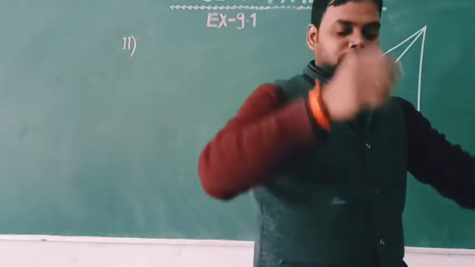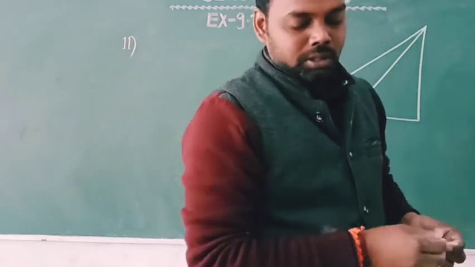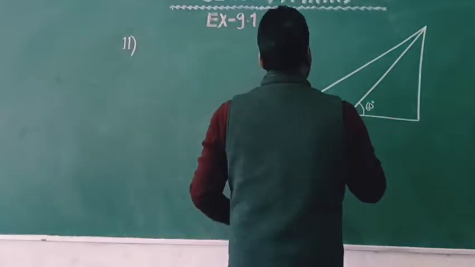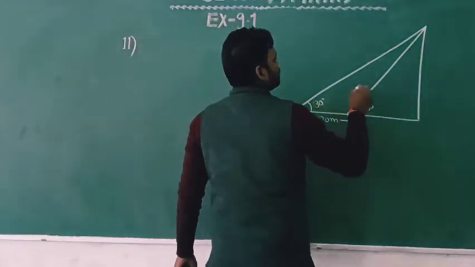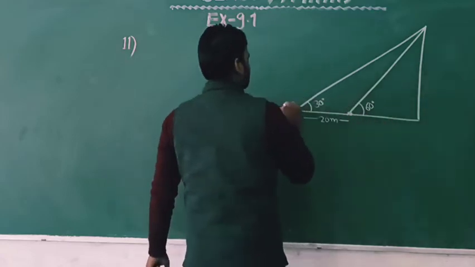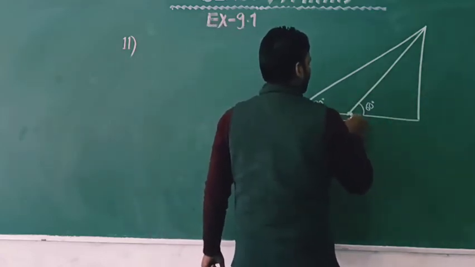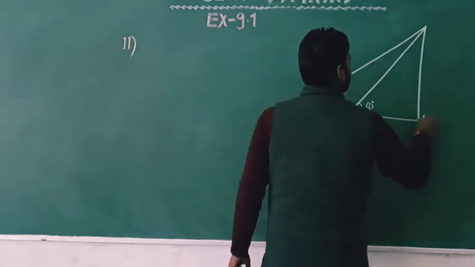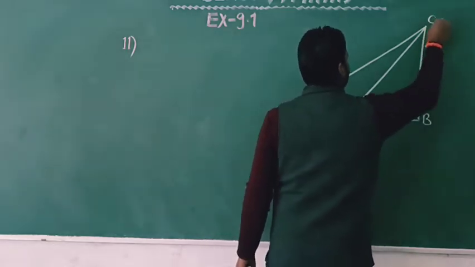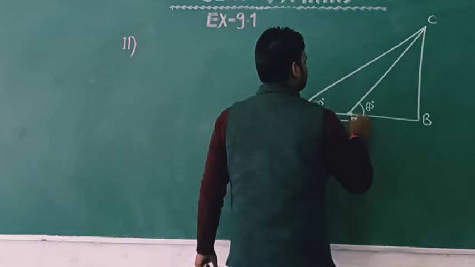Then we have to find the height of the tower. So naming the points: A, B, C and D.